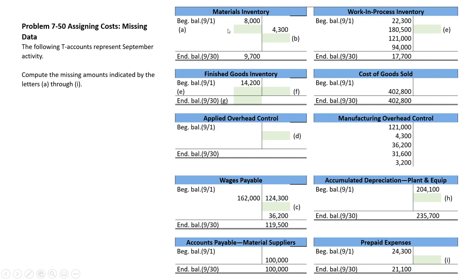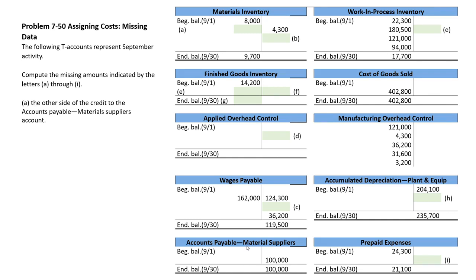And so we have our materials inventory account here, and we have a beginning balance of 8,000, and we have a debit that's missing. And a typical debit to materials inventory would be for materials that are purchased. So there's going to be one of two ways that we probably finance these, either by paying cash, which I'm not given the cash account, but I am given accounts payable material suppliers.